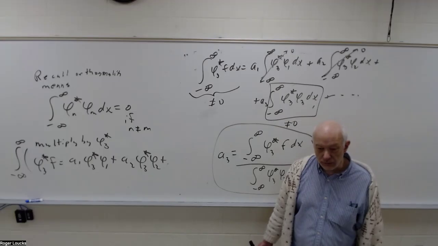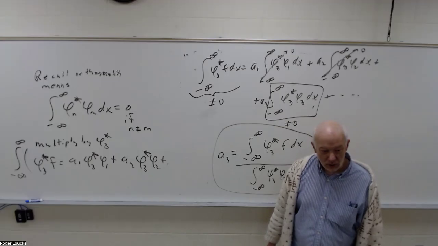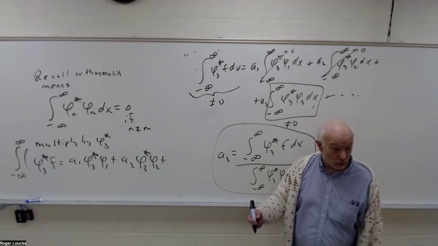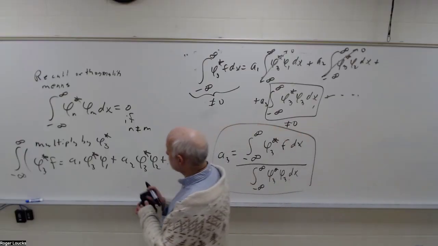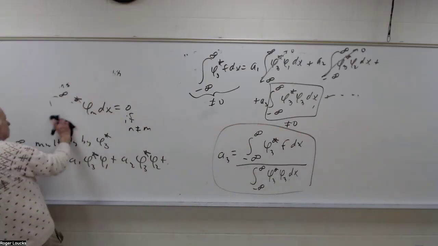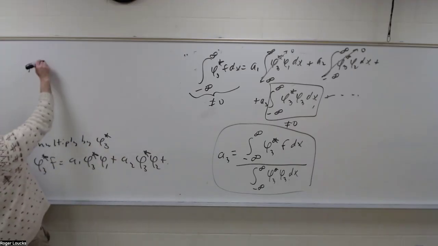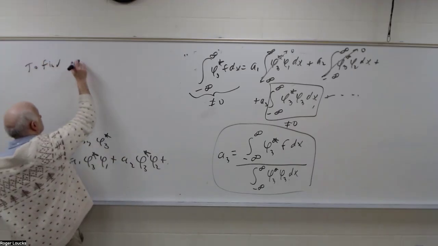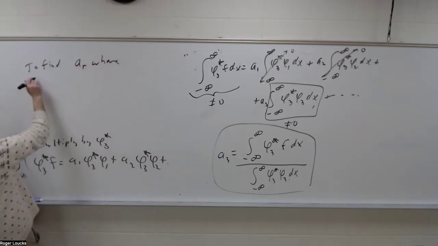What does it mean to be the Rth coefficient? R is 1, or it's 2, or it's 3, it's some fixed value. So let's generalize this, to find A R, where R is fixed.